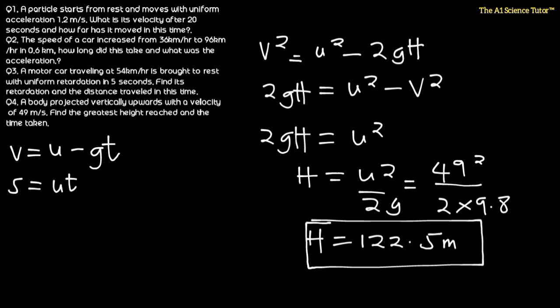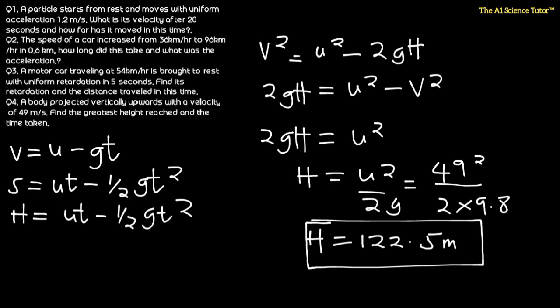That is supposed to be ut minus 1 over 2 gt squared, right? But I'm just going to use h because in this case we're talking about the height, which is a vertical distance above the ground. So this is what you have. And so if you want to find the time, this is actually going to be hard because you need to solve a quadratic equation. So we'd rather not use that one.